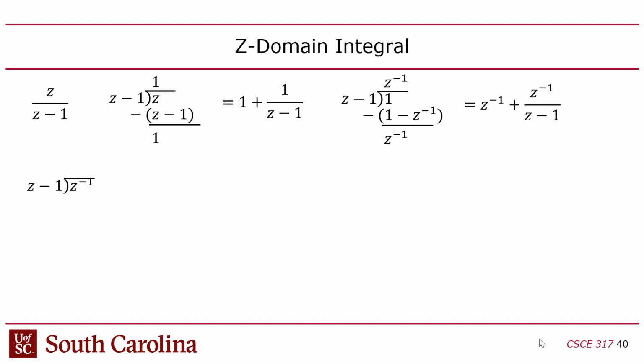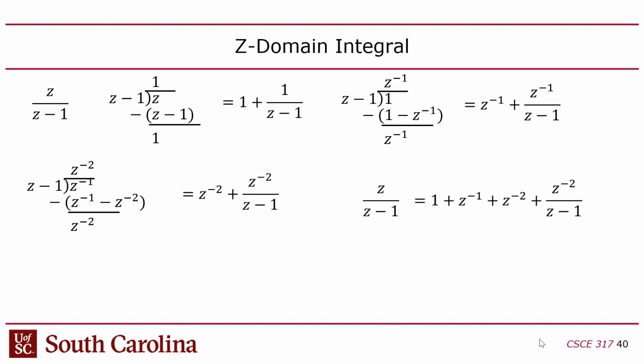Now if I divide z minus 1 into that, I get z to the negative second power with a remainder of z to the negative second. So you keep doing this over and over again, and like I said, it's just a repeating pattern.